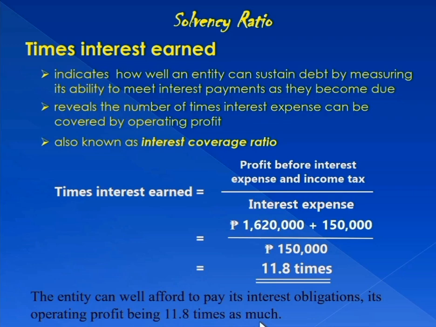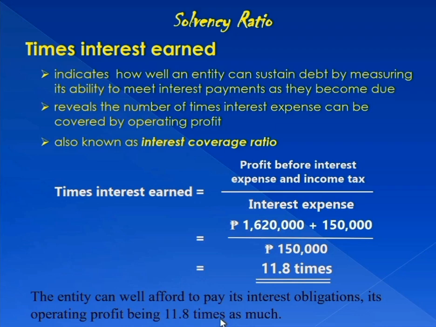Another important thing you should know is that aside from the interest expense and income tax, some financial analysts prefer to add back also other expenses which do not require cash payment or cash outlay, such as depreciation, depletion, and amortization expenses.